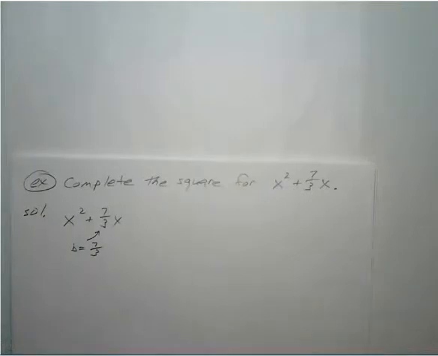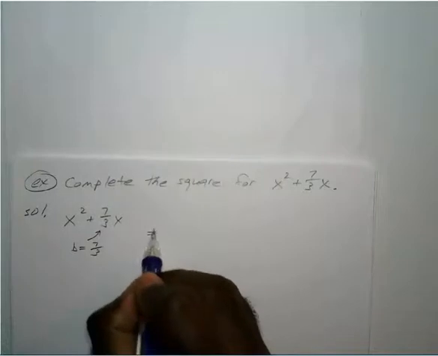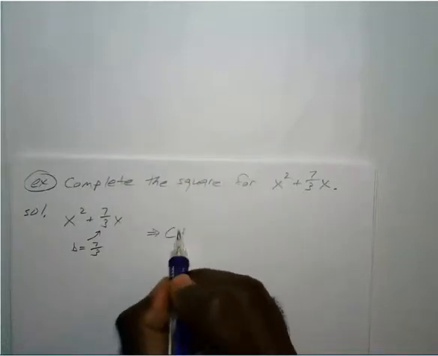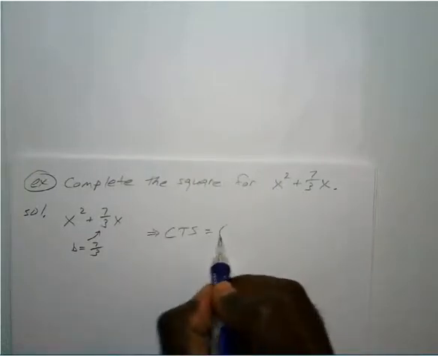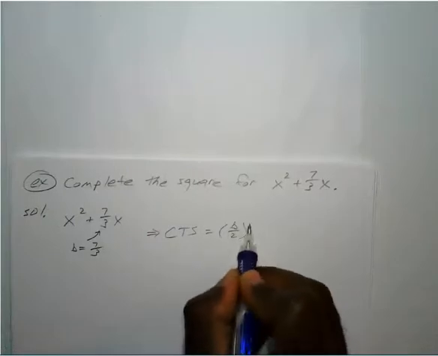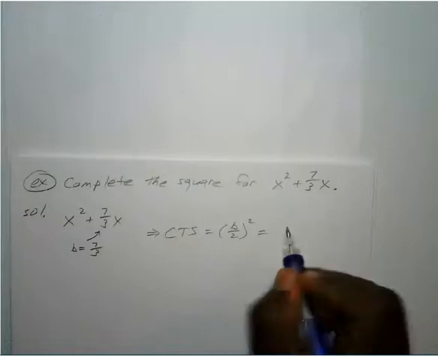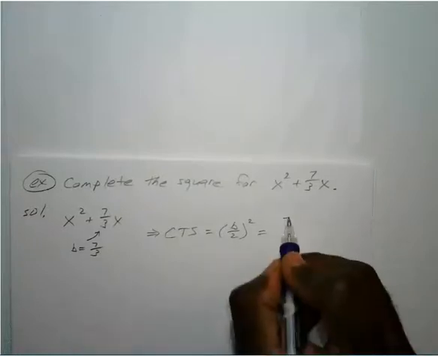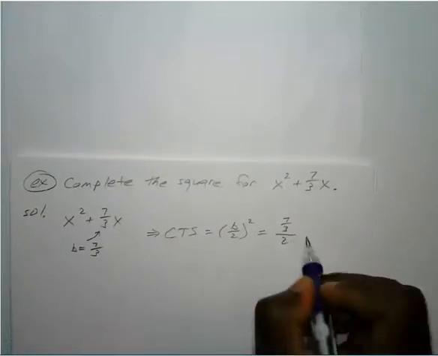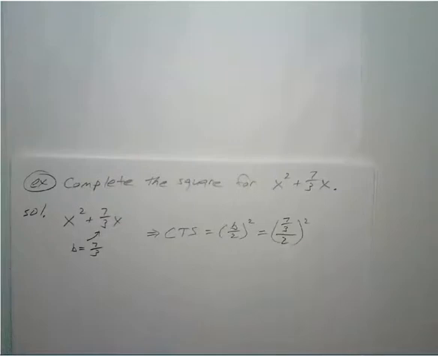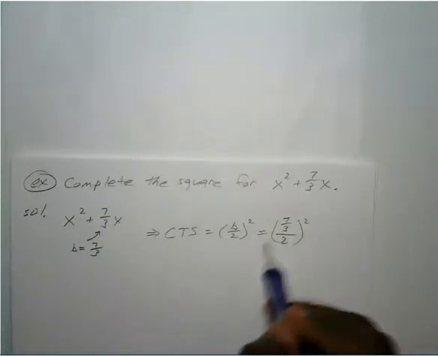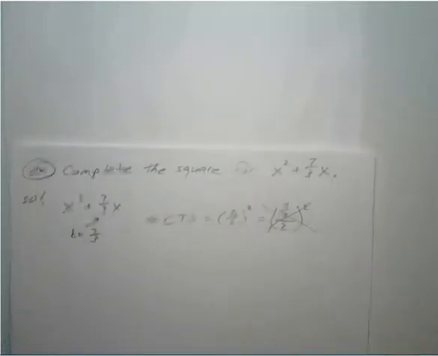Now this is where the steps can change up just a little bit. Normally, completing the square is b divided by 2 squared, which in this case would be 7 over 3 divided by 2 squared. That can get a little bit tricky looking, so I don't write it like that.